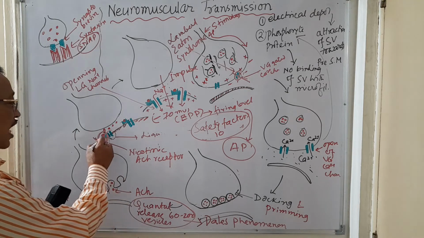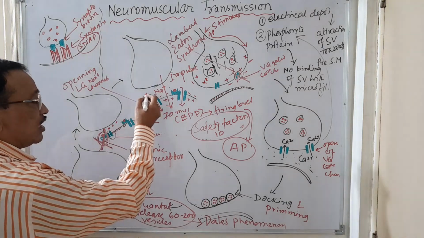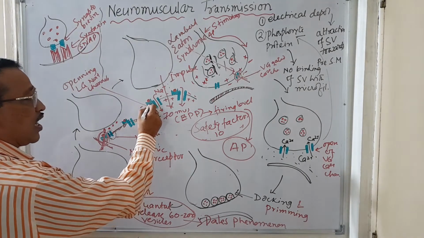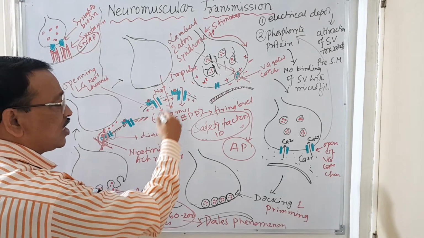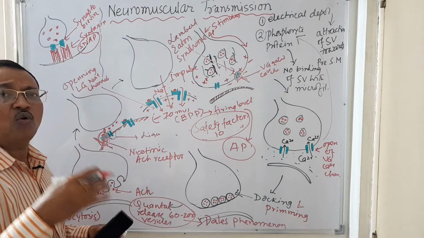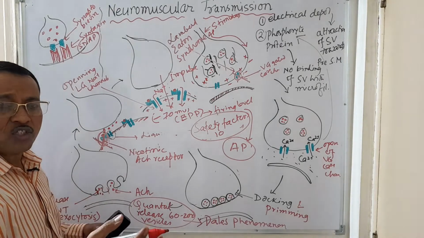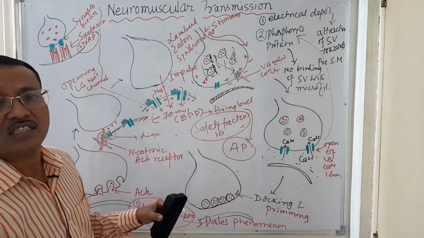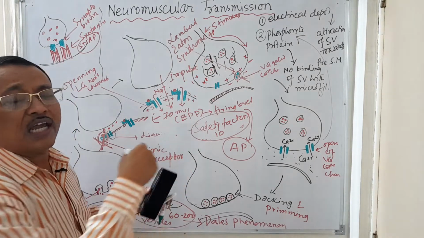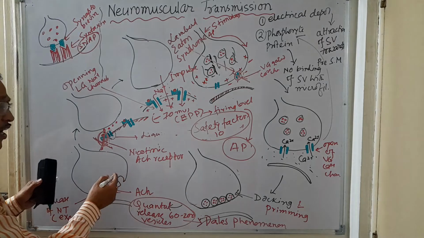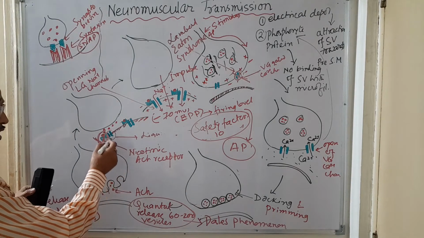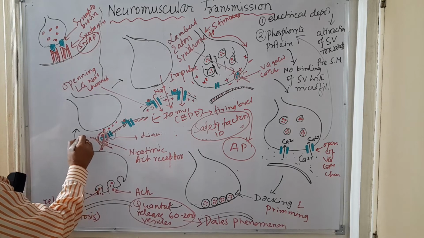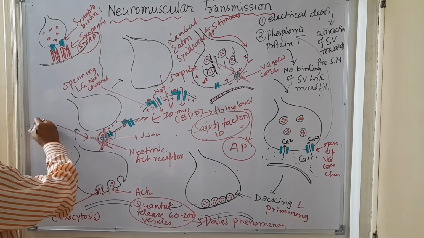If these are damaged, acetylcholine, even if it is released, cannot bind with the receptor, and thereby no sodium entry, no EPP formation, no action potential formation, and thereby no excitation of the muscle, so no contraction. So the same complication will take place, but the cause is different. Here the cause is damage of the nicotinic acetylcholine receptor, and this disease is known as Myasthenia gravis.